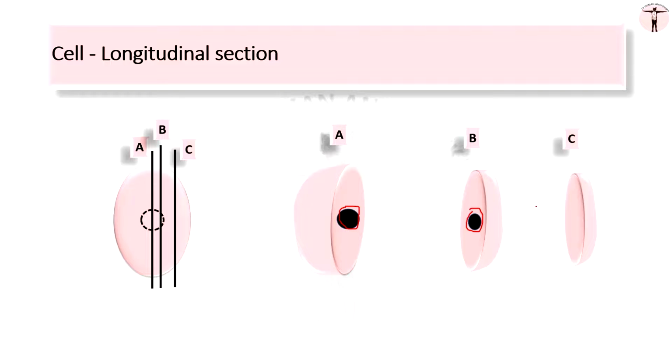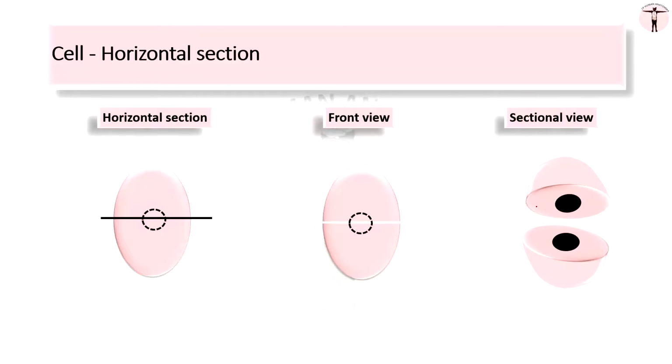But the nucleus depends on what plane it goes through. The same way as the longitudinal section of the cell, when we look at the horizontal section, the size of the nucleus is maximum at its center. When it passes through the mid horizontal section, the nucleus is large.